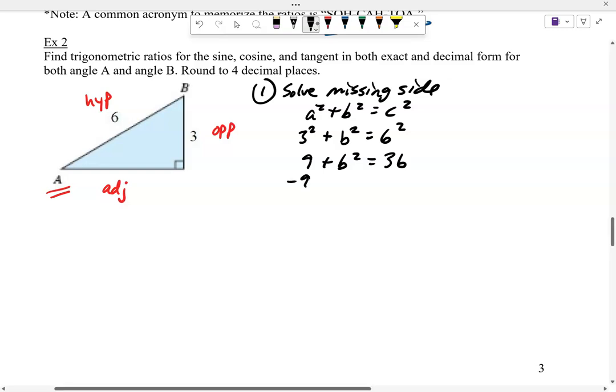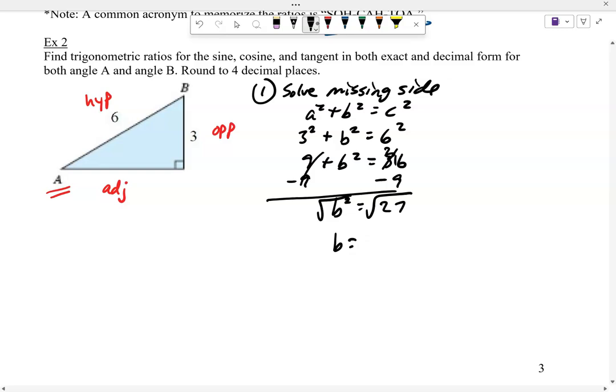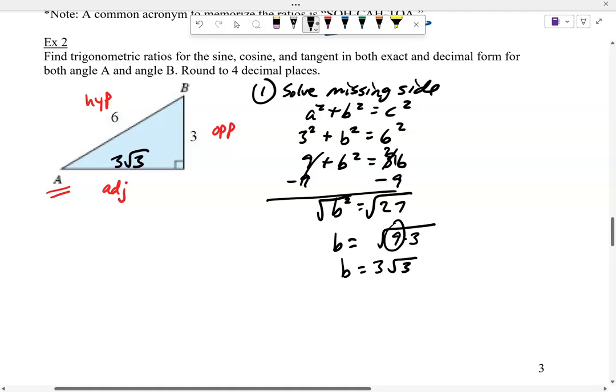We subtract 9, so B squared equals 27. We square root both sides, so B equals plus or minus, of course, the positive one. Now let me break up 27. 27 is 9 times 3. I know the square root of 9 is 3, and there's a 3 left over. So this adjacent side is 3 root 3.